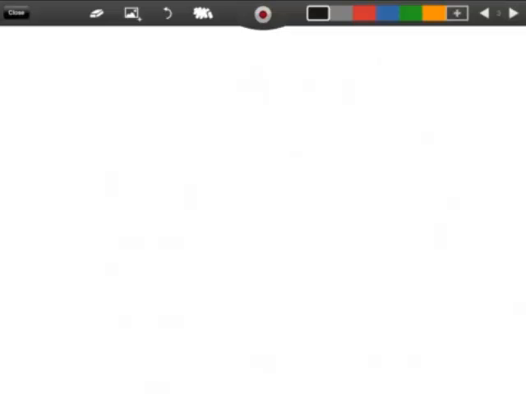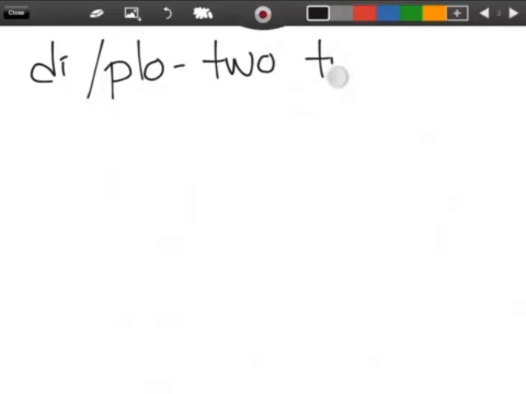Moving on to our next root, which is diplo, meaning two, twice. I'm going to give you two examples.